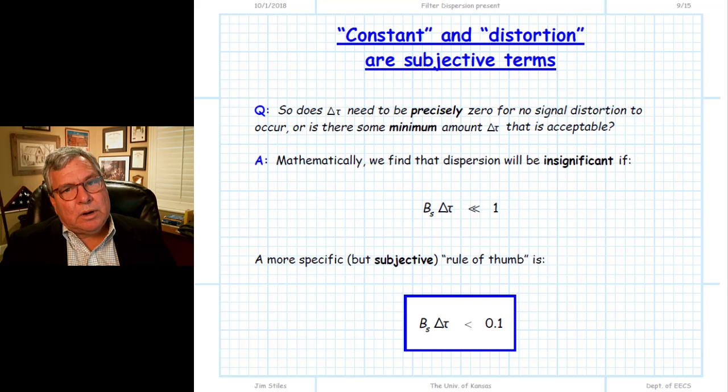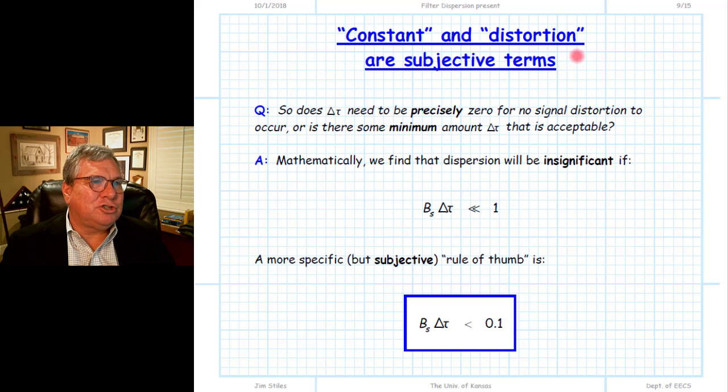So, how much dispersion can we stand? It's impossible to build a filter such that the delay will be precisely the same at every frequency. What we want is a situation where that change in phase delay from one side of the spectrum to the other is made sufficiently small. And of course, this is where we get into problems because we have a lot of subjective terms. How constant is constant?